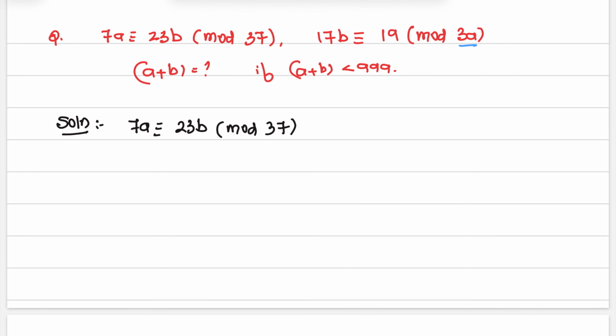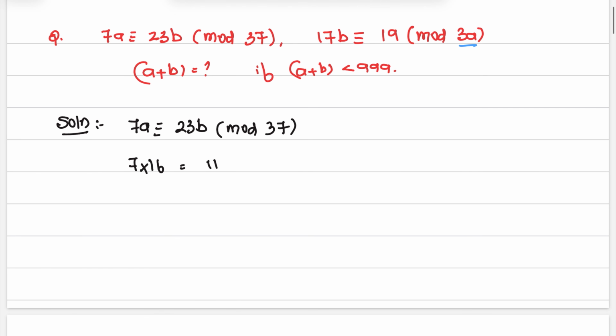Here, 7a is equal to 23b mod 37. Let us think a little bit. 7 into 16 is equal to how much?